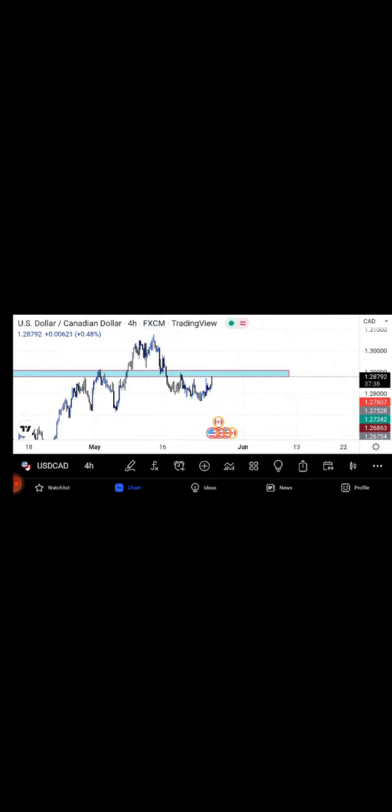So on the 4 hour time frame now, what I'm seeing is a possible head and shoulder formation here, right? In which we would have the head somewhere here and a little bit of the shoulder. Let's see, if I take this as the head and this as the shoulder. Okay.